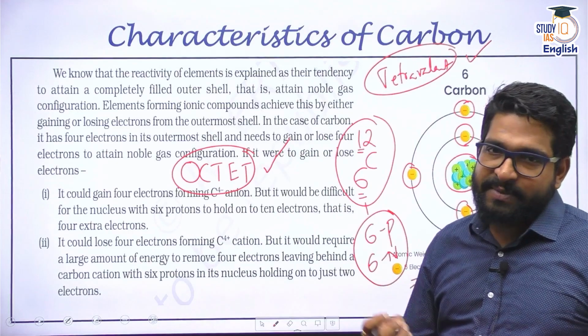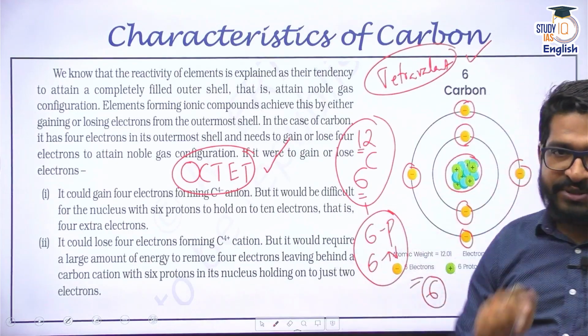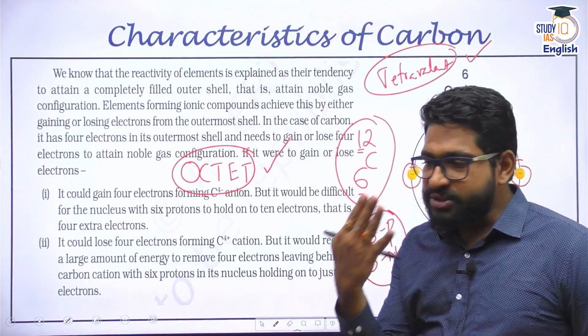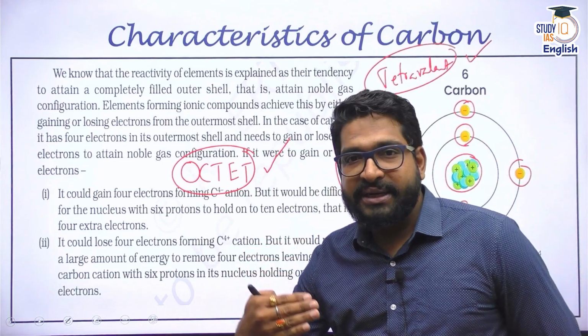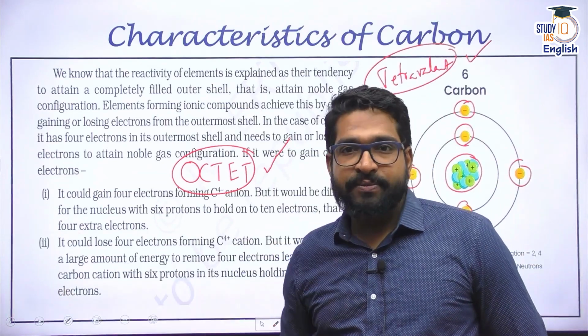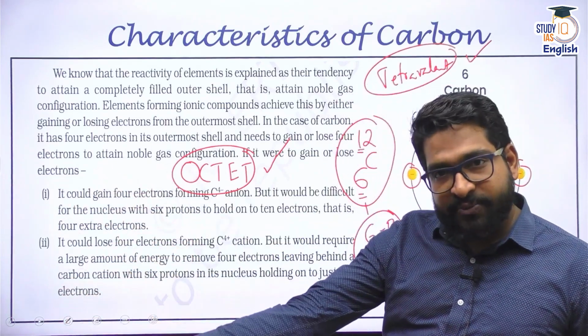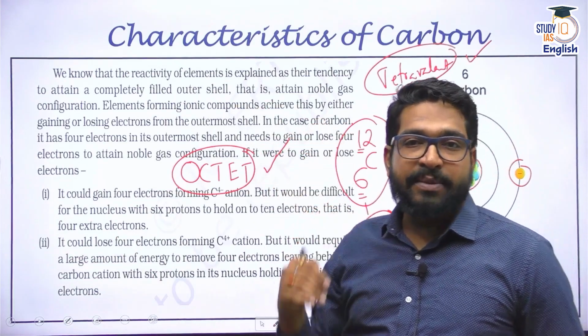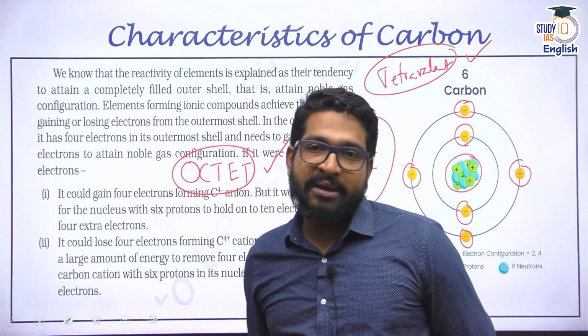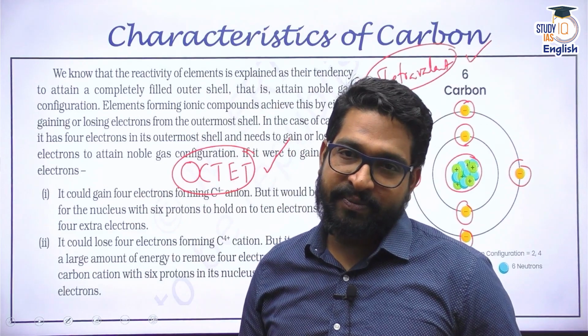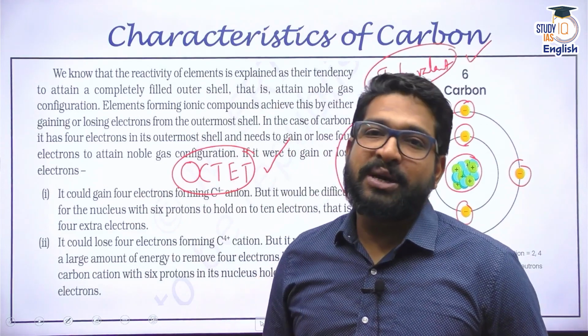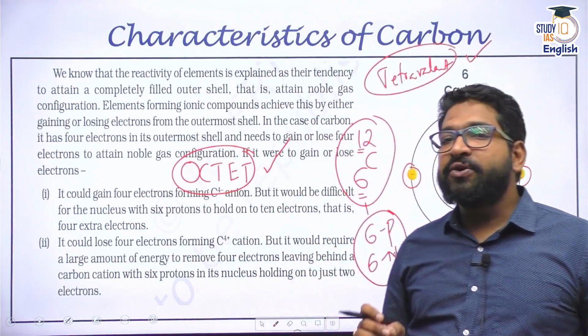Now, to achieve that stable octet, carbon has 2 options. Since it has 4 electrons, what can carbon do? It can give away its 4 electrons, or it can accept 4 electrons from some other element to reach that stable configuration. And this is where the catch comes. This is where the versatility of carbon comes in.